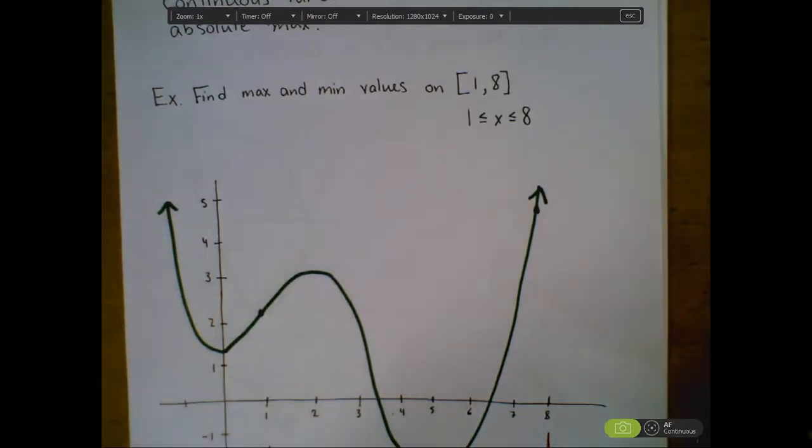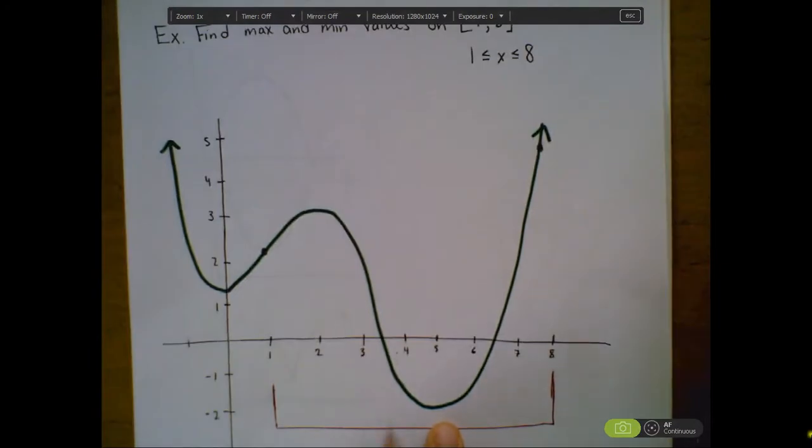We see that our global min is still the same. This is the lowest part on the graph, and that's the point that it was before. And with the labels in this function, it looks like the point (5, -2) is the absolute min, as it was before.